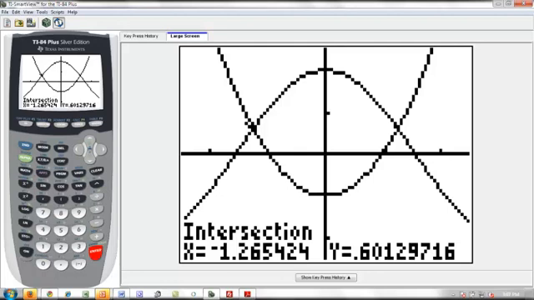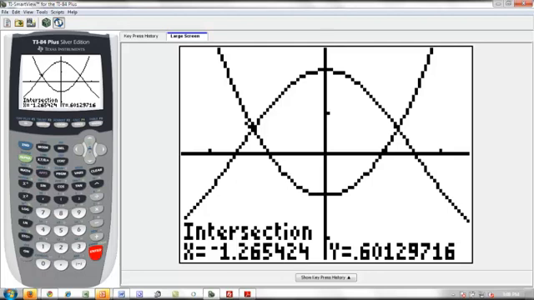And how many digits do I want you to write down? All of them. Hey, let's go find the other intersection. It's the same, it's just positive, because both of these curves are symmetric about the y-axis. The term I was looking for was even.